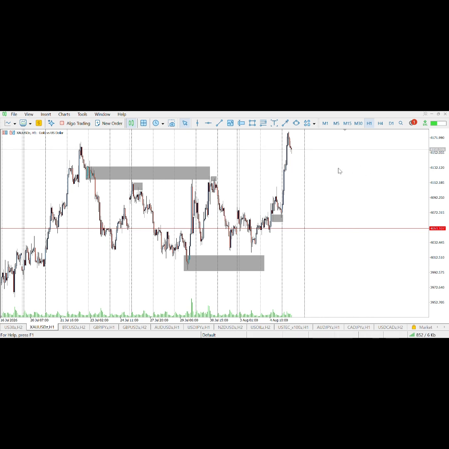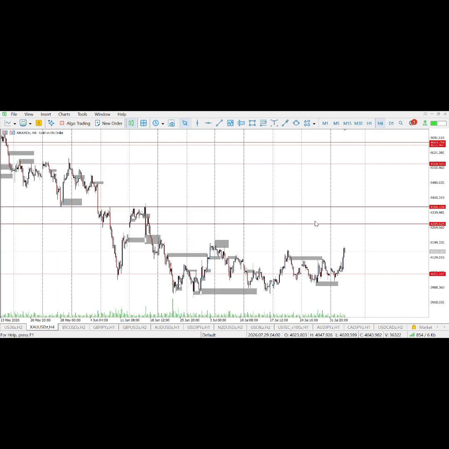The first thing we have to look for here is checking which trend this pair is currently in at the moment. You can see the trend is mostly in a downtrend for some months now.